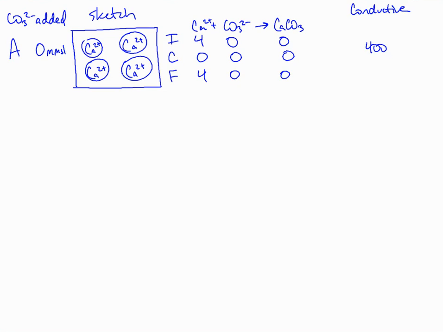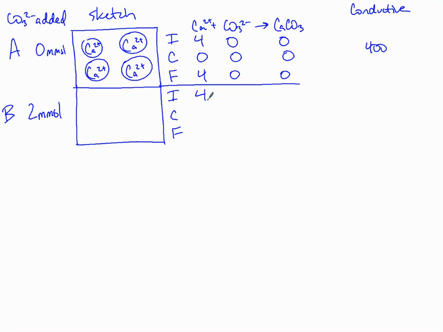Okay, for step B, we have added 2 millimoles of this carbonate ion. So what's going to happen? Well, let's do the chart first, and maybe it will help us out a little bit. Initial, change, final. Here are the initial amounts.